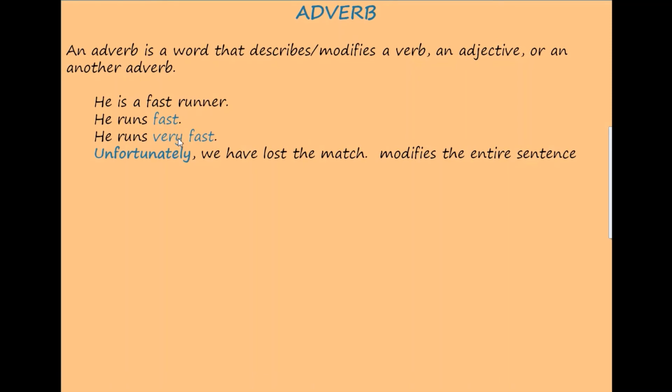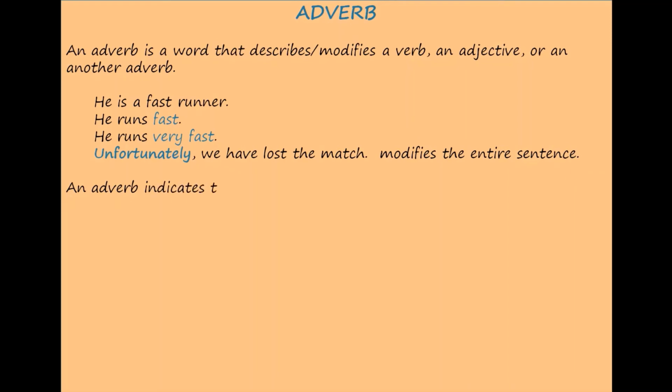So very is also an adverb because an adverb modifies an adverb as well. In the last example, unfortunately, we have lost the match. Unfortunately is an adverb here, and here it modifies the entire sentence. So an adverb describes or modifies a verb, an adjective, or another adverb, and it also modifies the entire sentence.